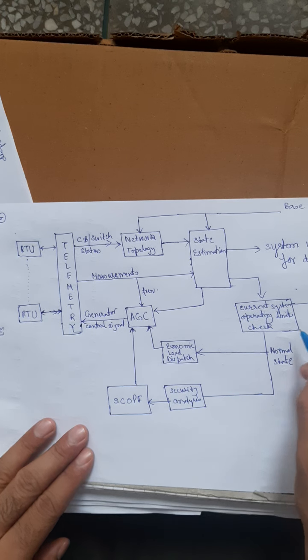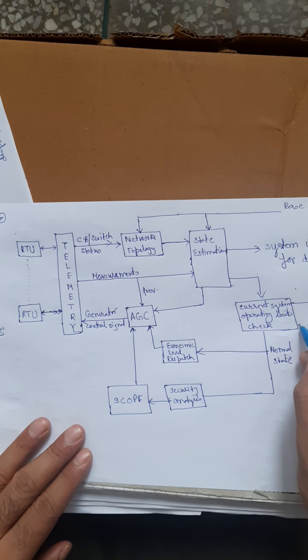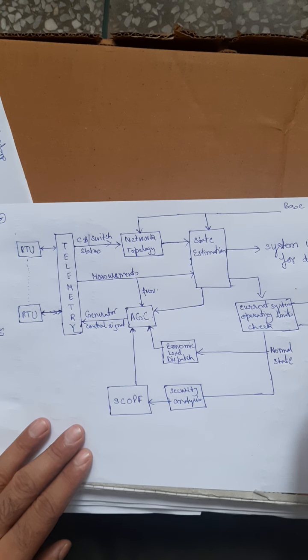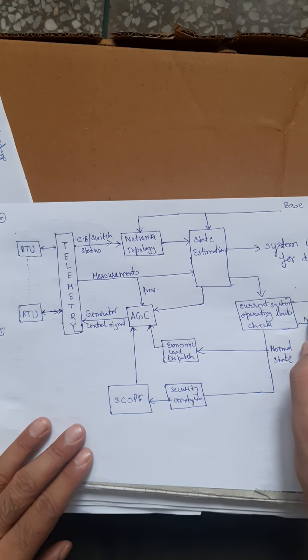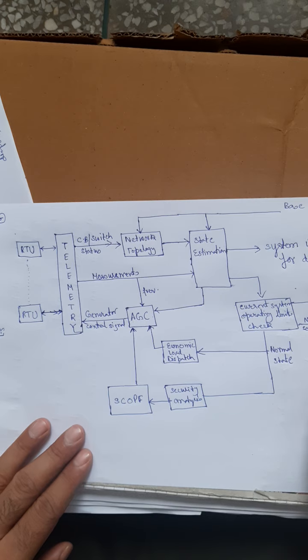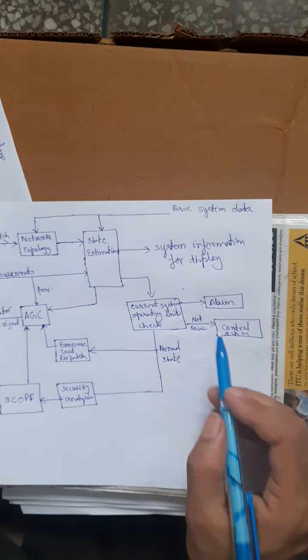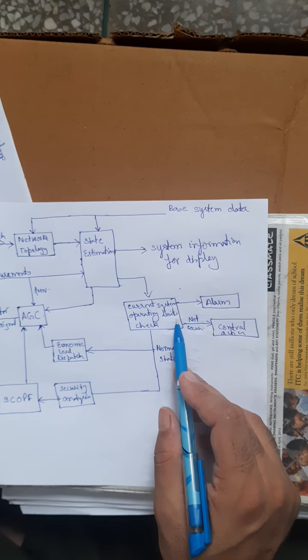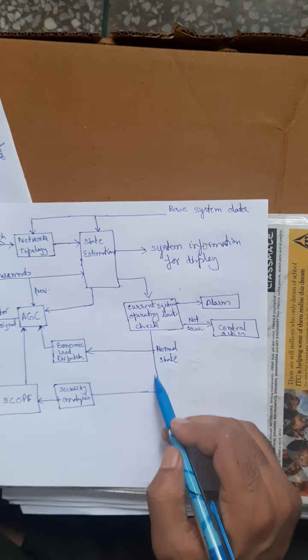But if the system is not in the normal state, what is required? Then some control action is required. We check the limits here. If the limits are not violated, then the system is in the normal state and secure.